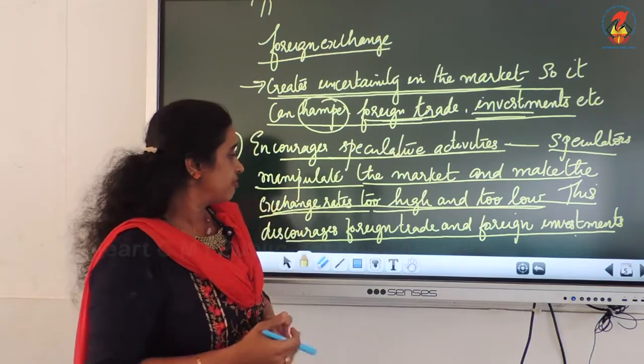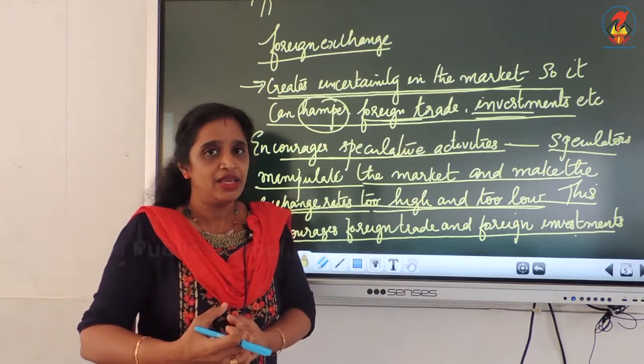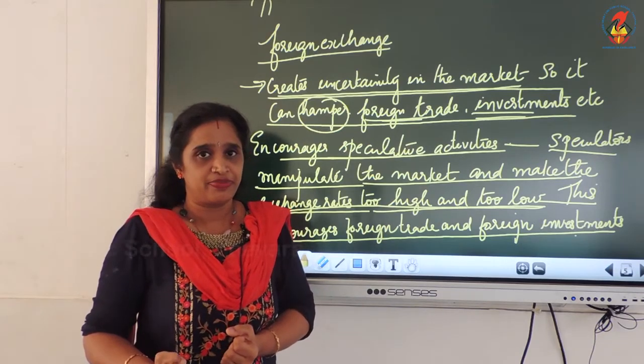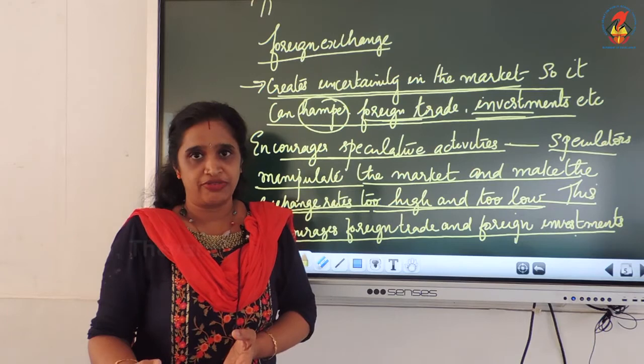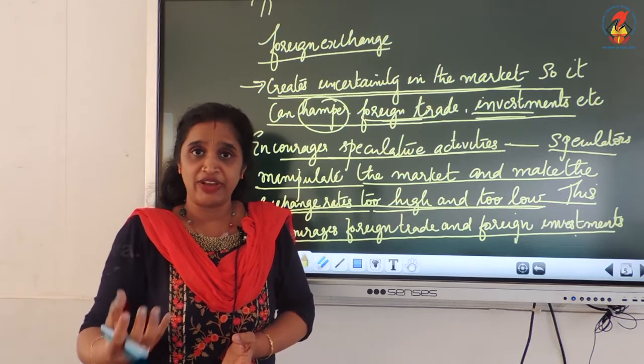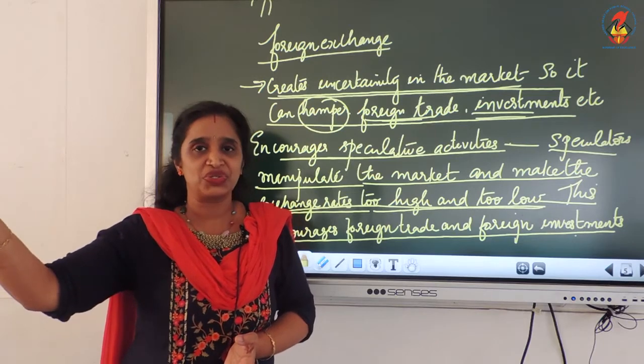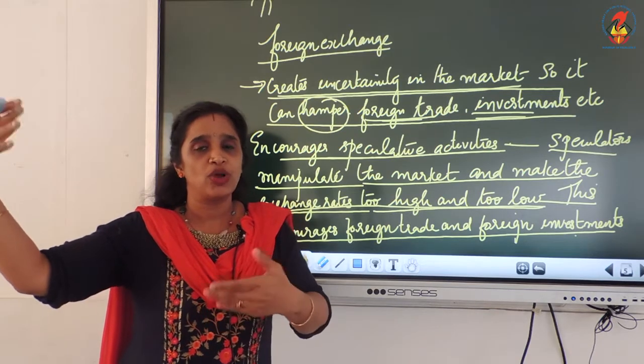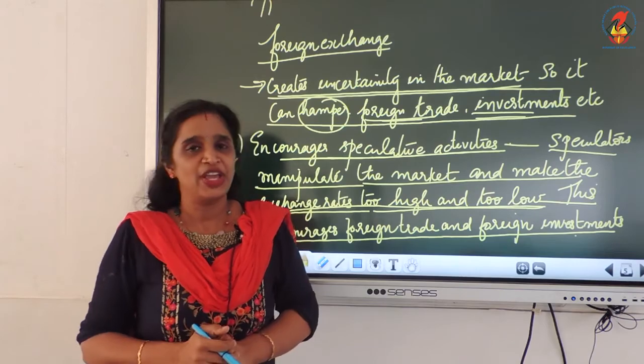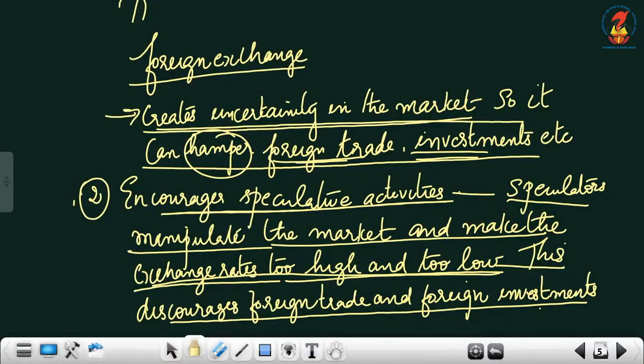The majority of the investors will keep themselves away from purchasing foreign exchange when the value is too low. When the value is very high, more will be purchased. So at that time, more and more fluctuations can happen in the economy. Those fluctuations will be explained when the demand and supply of foreign exchange is dealt with. So this discourages foreign trade and foreign investment.